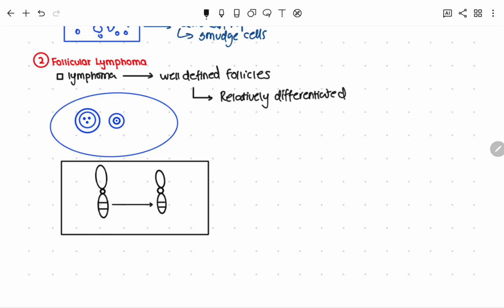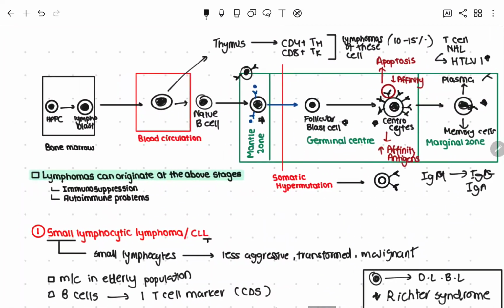and the way it's quite easy to remember whether or not a cell is well differentiated right from its name in this case is you can go back to the lymphocytic pathway. You can see here that we've got follicular blast cells. They have relatively better differentiation than a lymphoma that would arise consisting of cells that are from the mantle zone, for example.